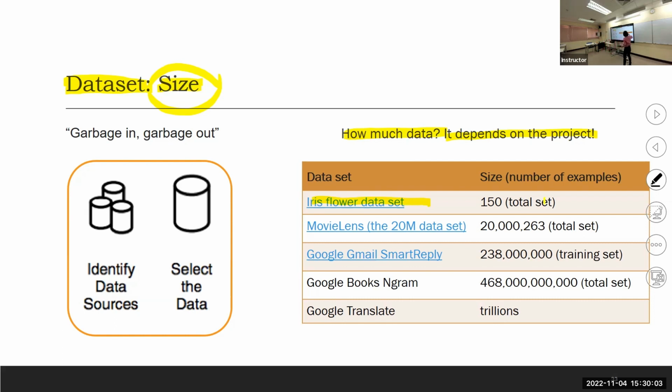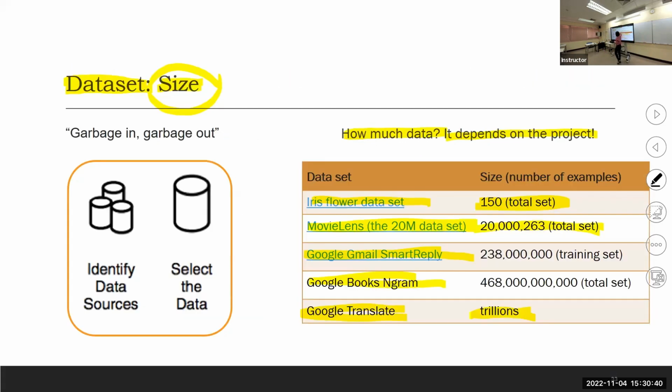Then maybe the size of data may not need to be very big nowadays. Algorithms are very good. But some other types of data may need to be bigger and bigger depending on what you want to do. For example, translation. You are talking about human natural language translation. It's even bigger, right?